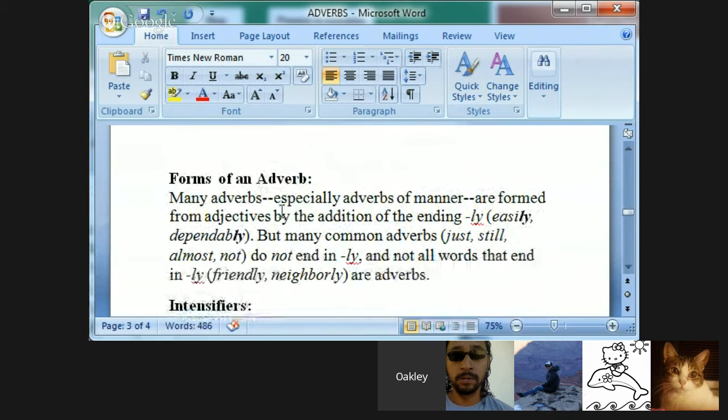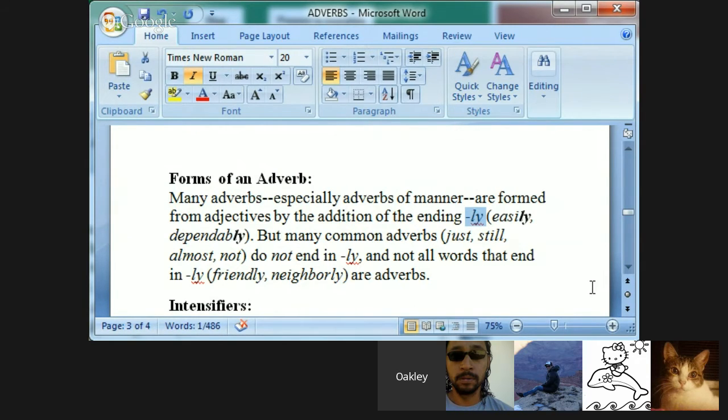Forms of an adverb. Many adverbs, especially adverbs of manner, which normally modify verbs, are usually formed from the adjective form, and the very common adverb ending ly is added, such as easy, easily, dependable, dependably.